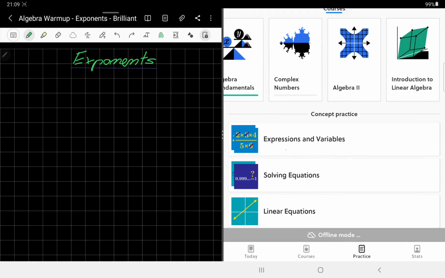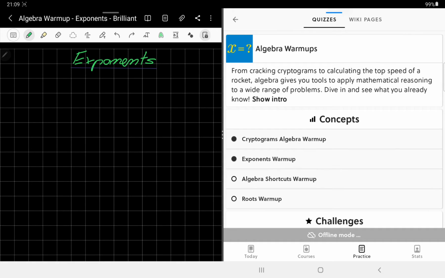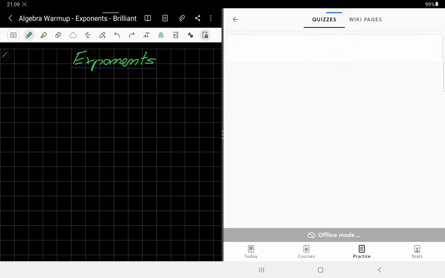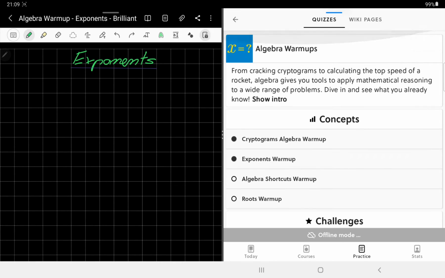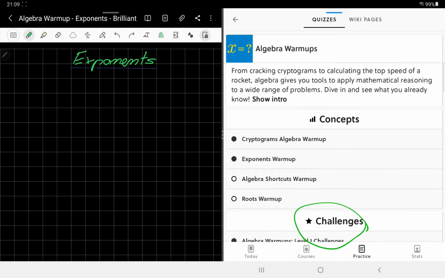So that being said, going back to algebra warm-ups, expression warm-ups, and we're going to do them here. Exponent warm-ups. It seems that me being offline, they don't let me get into this, so I'll have to connect to my wireless.